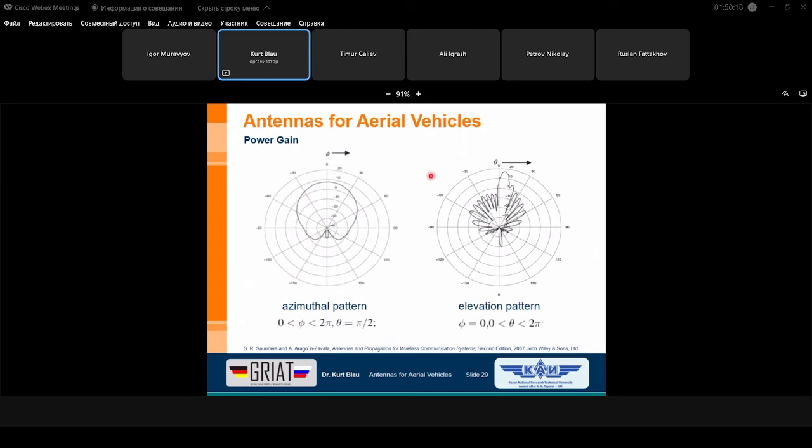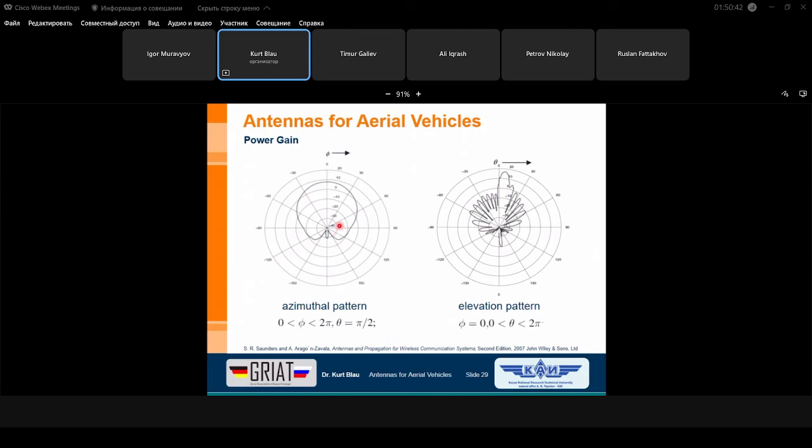If you look at a car and you want to know the elevation pattern, it means you want to know the pattern of the antenna from the street plane in the direction of the sky, or in the case of azimuthal pattern, you mean the direction around the car.